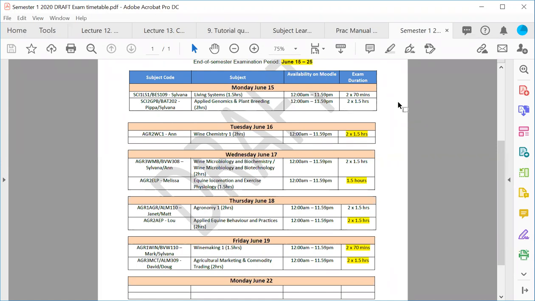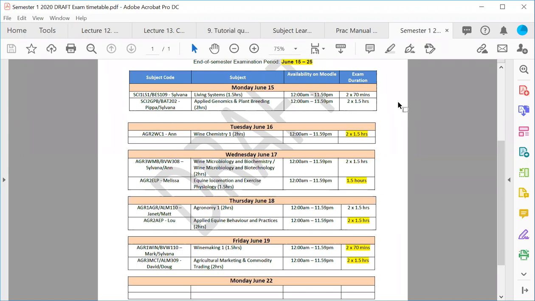In terms of other practical skills, what we're planning to do for some subjects is to offer catch-up pracs later on in the year. So they'll be optional catch-up pracs. Students don't necessarily have to attend, but if they wanted to experience some of the practical skills that they've missed out on, then they'll certainly be able to do so.